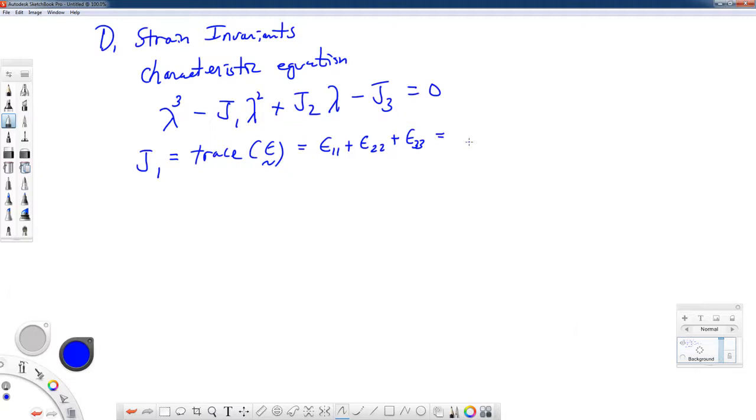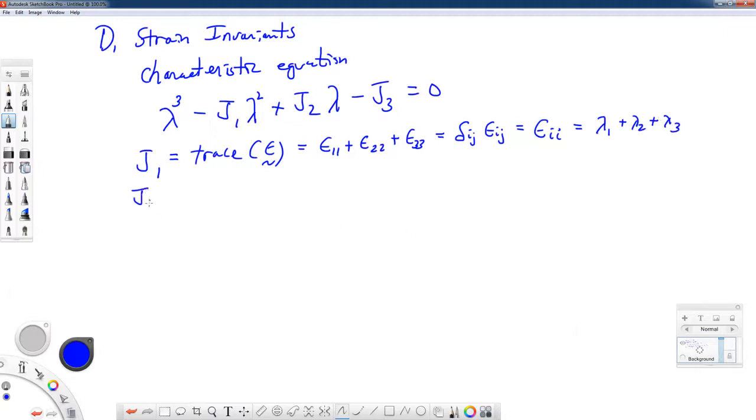We can represent this in index notation as Kronecker delta ij epsilon ij, or using the contraction operation, it's just epsilon ii. Of course, if we diagonalize it, it's the sum of the 3 eigenvalues.